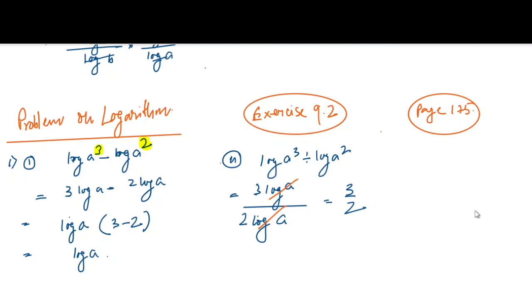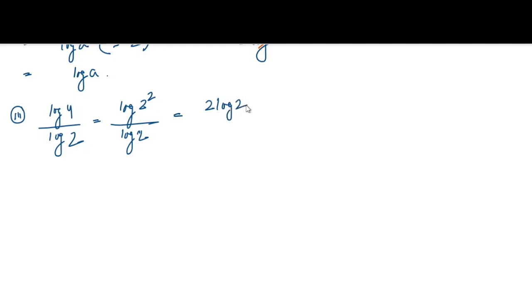Next, question 3: log 4 by log 2. Log 4 can be written as log 2 square divided by log 2, so this will be 2 log 2 by log 2. The log 2 and log 2 will cancel out, and we'll have 2 only.